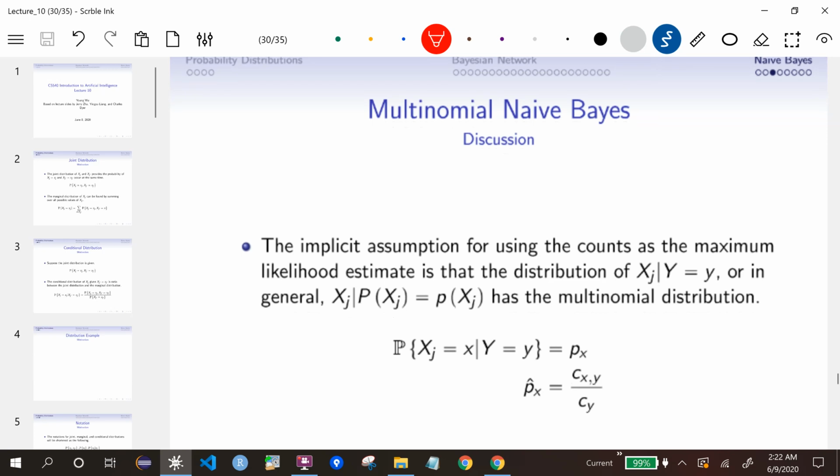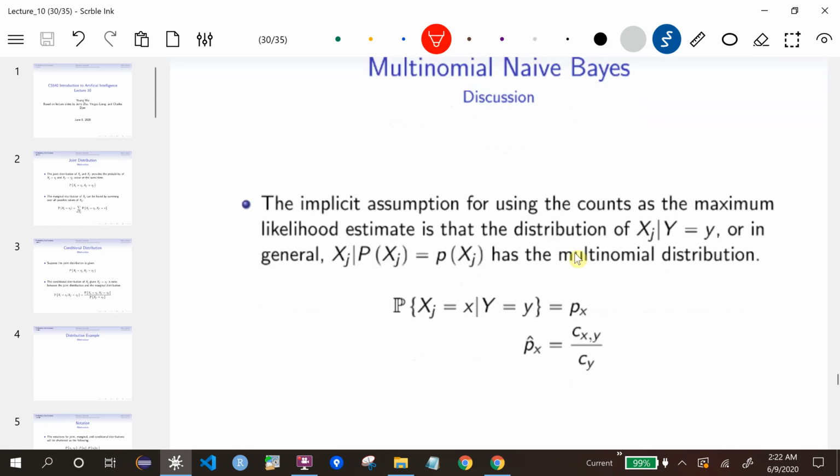Okay, but let's talk about more theory. The implicit assumption we're using is called maximum likelihood, and it's basically what we did: counting the number of times x and y occur at the same time and dividing by the number of times y occurs. The assumption is that these distributions follow a multinomial distribution.